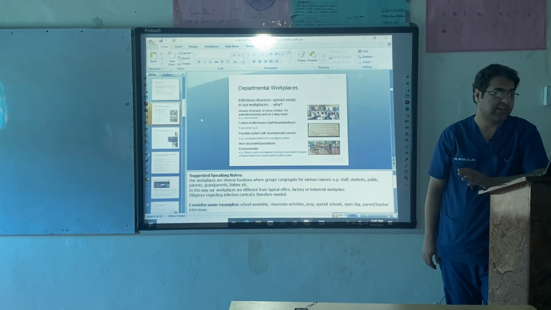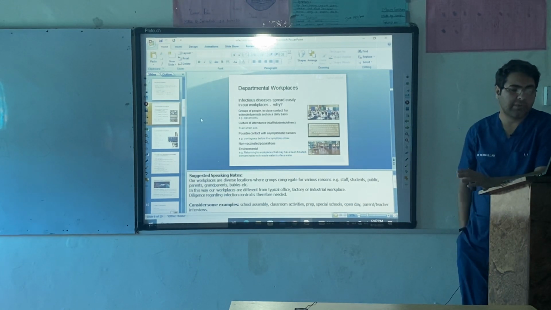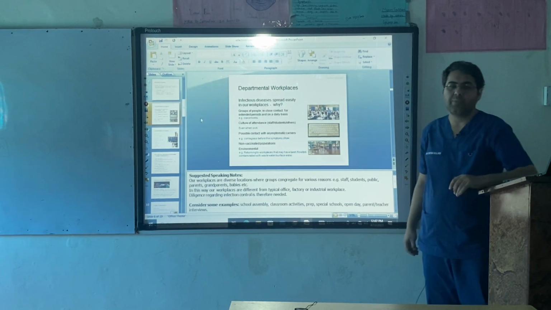Similarly, there is a culture of attendance and even possible contact with asymptomatic carriers, for example those who are contagious before the symptoms show, and a non-vaccinated population and environmental factors. These are the things you should be very careful about nowadays, especially in the post-COVID era.